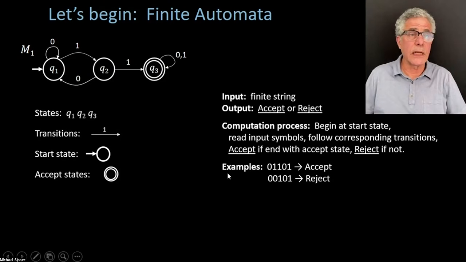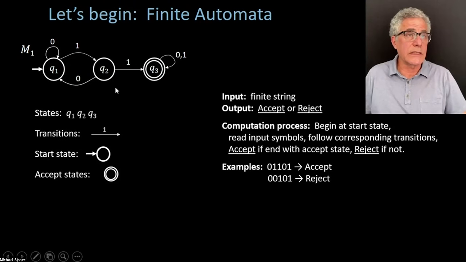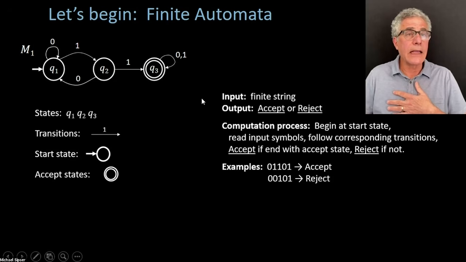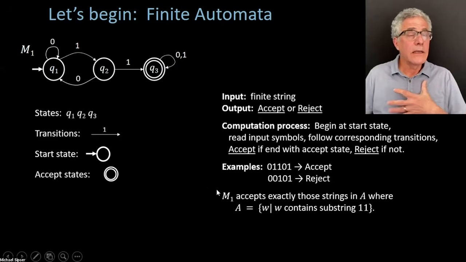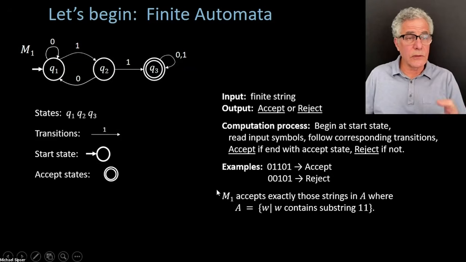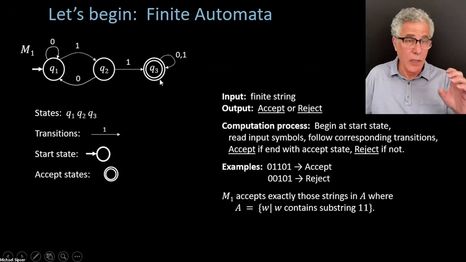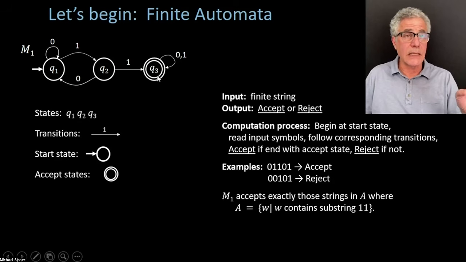Okay, very simple. Now, one of the questions you might want to ask, given one of these things, is which are exactly those strings that the machine accepts? A little bit of thought will help you understand that the only strings which are going to take you over to Q3 are those strings that have a 1, 1 appearing somewhere along the way, two consecutive 1s, and you will end up at the accepting state.